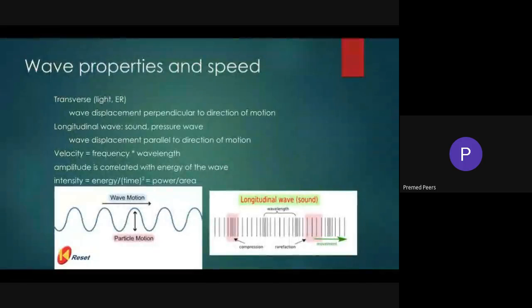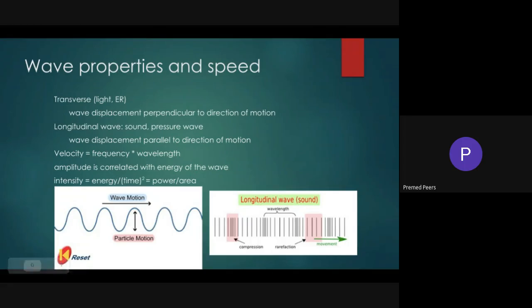So for our transverse wave, what we mean by wave displacement is that the wave is going to move left and right, whereas the particles are moving up and down. So that's what we mean by saying wave displacement is perpendicular to direction of motion. So direction of motion is particle motion, and then wave displacement is wave motion.